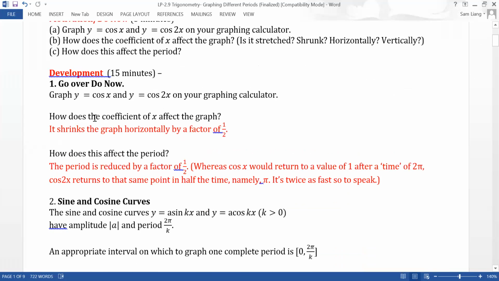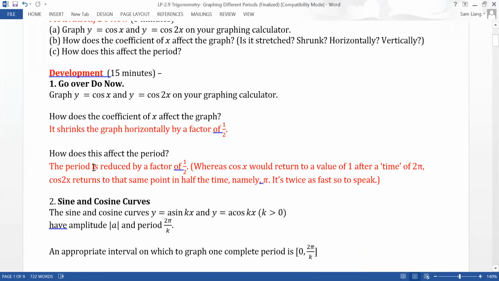Okay, so how does the coefficient of x affect the graph? It shrinks the graph horizontally by a factor of 1/2, and the period is reduced by a factor of 1/2. Whereas cosine x would return to a value of 1 after a time of 2 pi, right? The period of cosine is normally 2 pi. Cosine 2x returns to that same point in half the time, namely pi. Another way to say that it's twice as fast, okay?